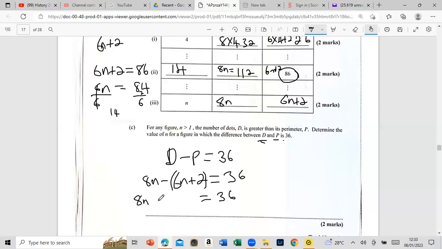It should be minus 6n, and minus times plus 2 gives us minus 2. Guys, this is one expression, so it has to go in a bracket. All right. So I get 2n minus 2 equals 36, and then you add 2 to both sides.